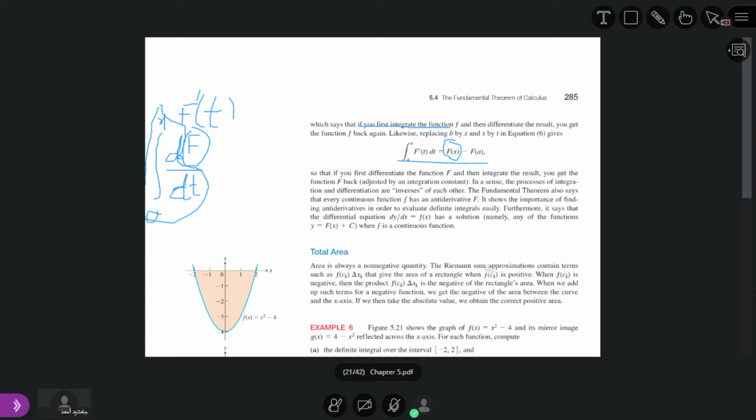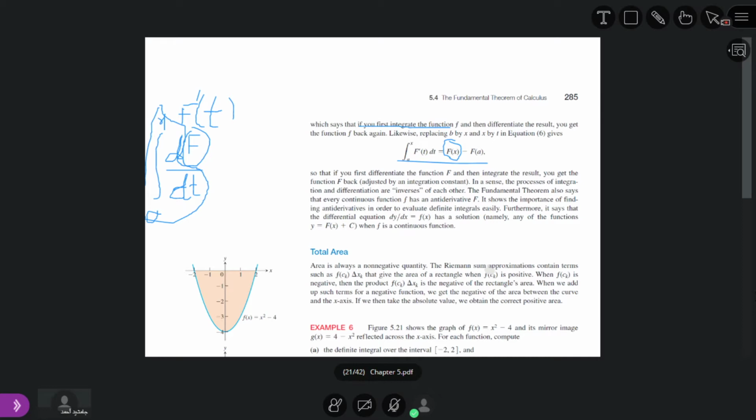Or if we take first integration and then derivative, we get the original function. So this shows that the processes of integration and differentiation are inverse of each other.